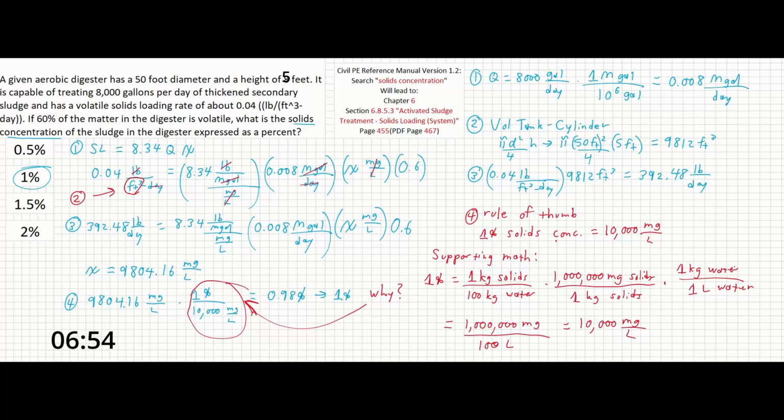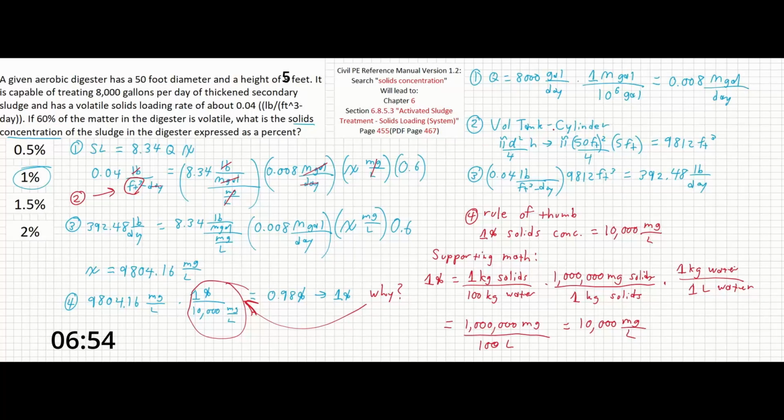So to solve this problem, let's review. You need to know the following things. The first thing is you need to know the correct equation to use, which comes from the reference manual. Next, you need to recognize that you're only concerned with the volatile matter. So even though the equation itself doesn't give a spot for the percentage of volatile matter, this 60% will still play a role.